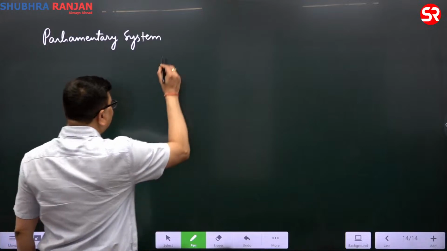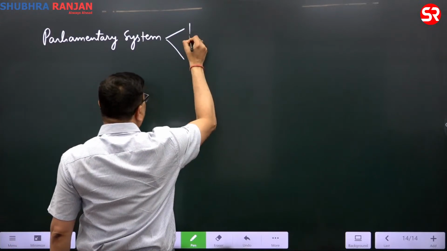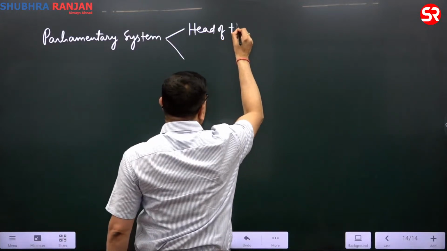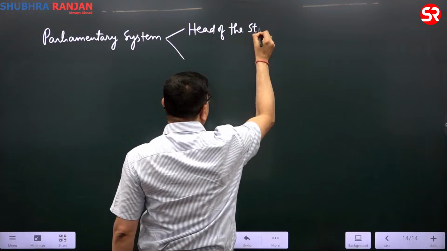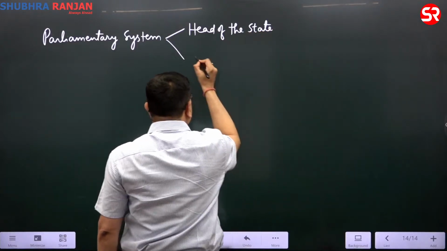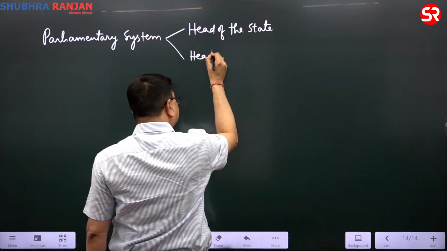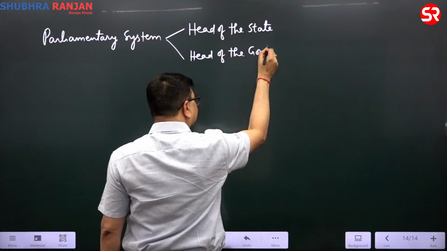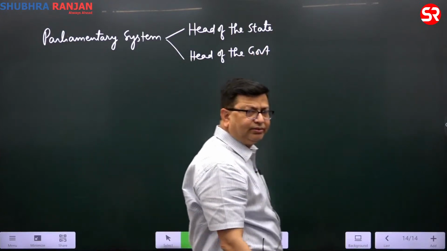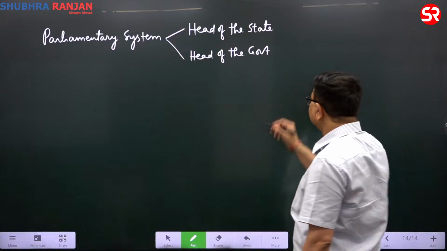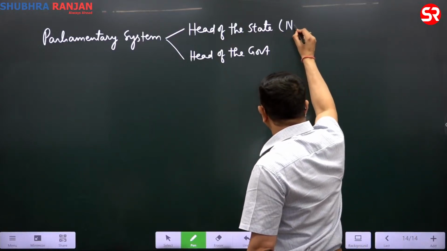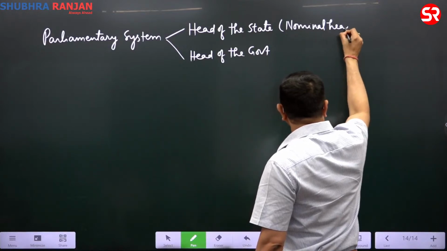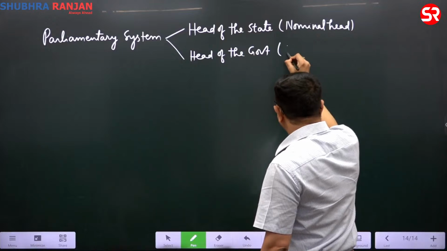In a parliamentary system, there are two heads: head of the state and head of the government. The head of the state is the nominal head, and the head of the government is the real head.